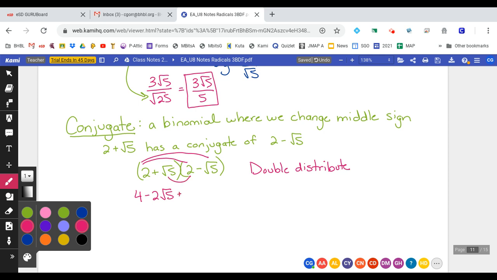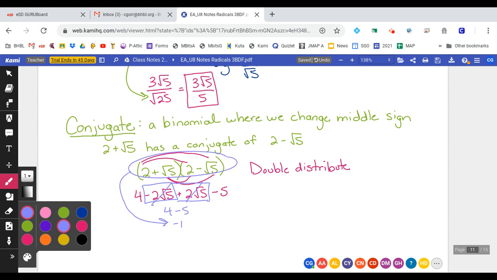My middle terms, now I have a positive 2 radical 5. And then my last terms, radical 5 times radical 5, radical 25, which is then just 5. Now, I can combine my like terms. What I want you to notice is that they're opposites, so they cancel. They're gone. So now this is just 4 minus 5, which is really just negative 1. So that whole thing multiplied to be negative 1.